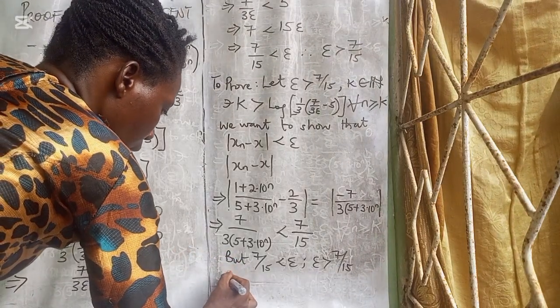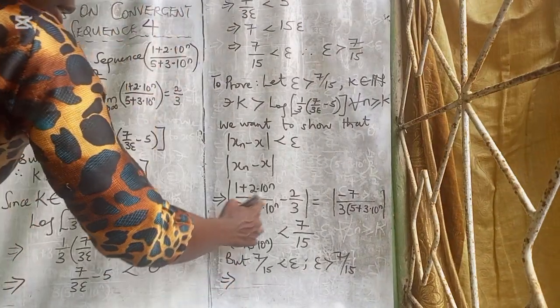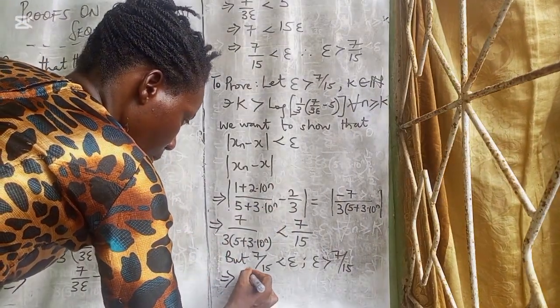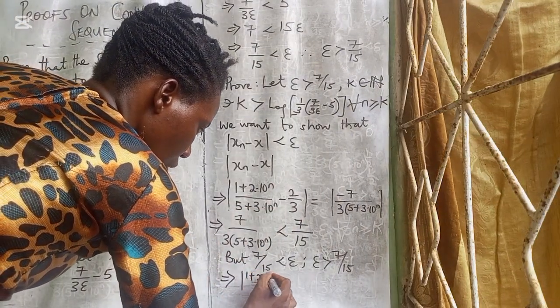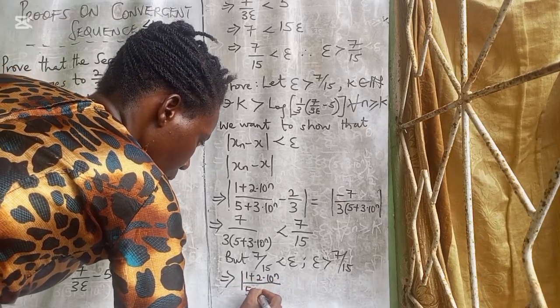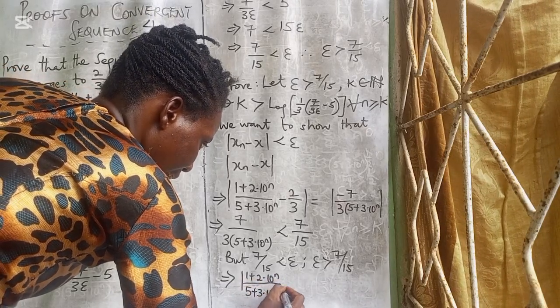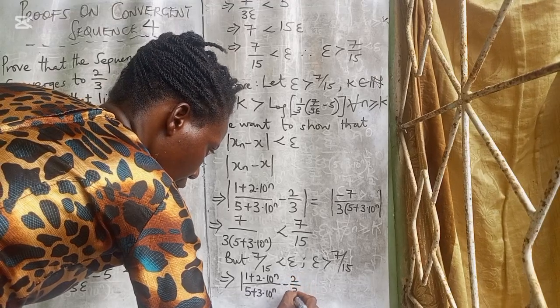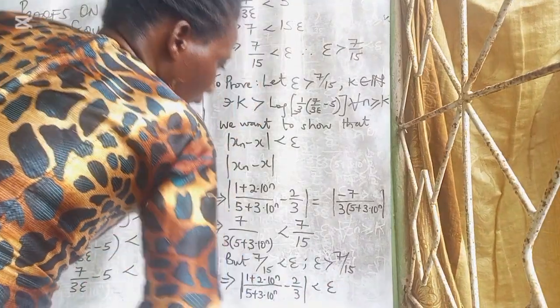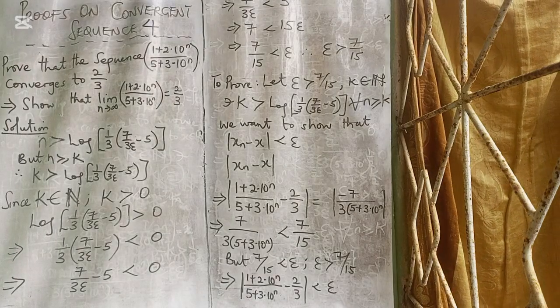Therefore, it implies that this 1 plus 2 into 10 raised to power n over 5 plus 3 into 10 raised to power n minus 2 over 3, the absolute value of that will be what? Less than epsilon.